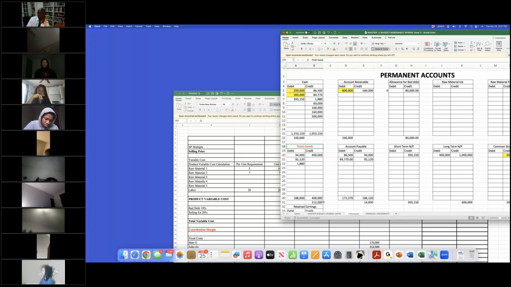So what number did we come up with? 160,000. So this should be 160,000. So our inventory then is going to be a positive number of 28,000. Any questions?